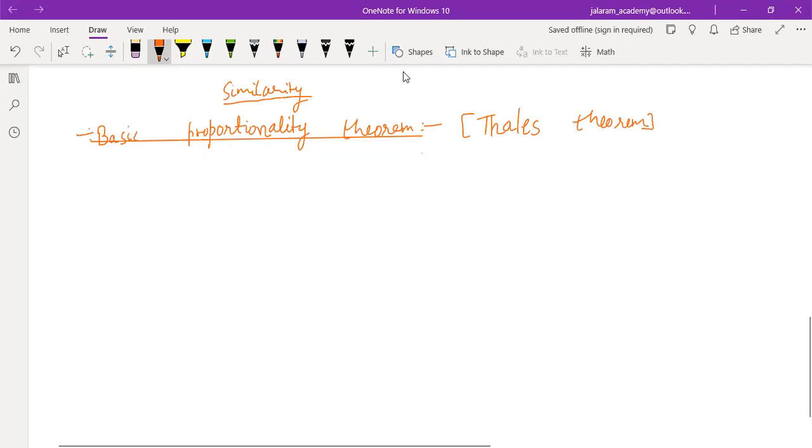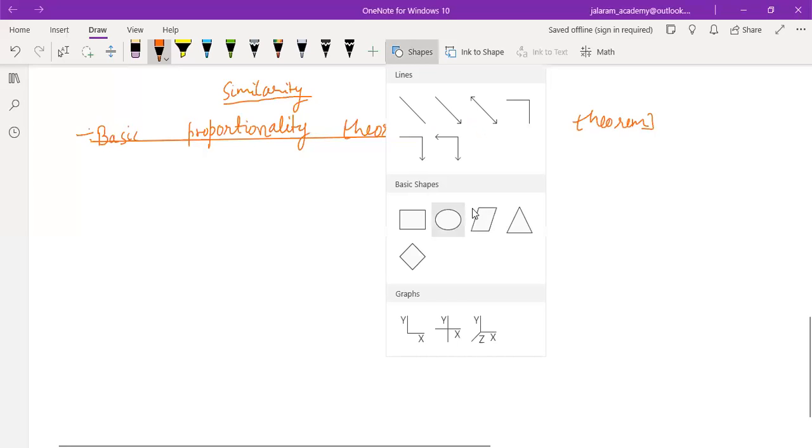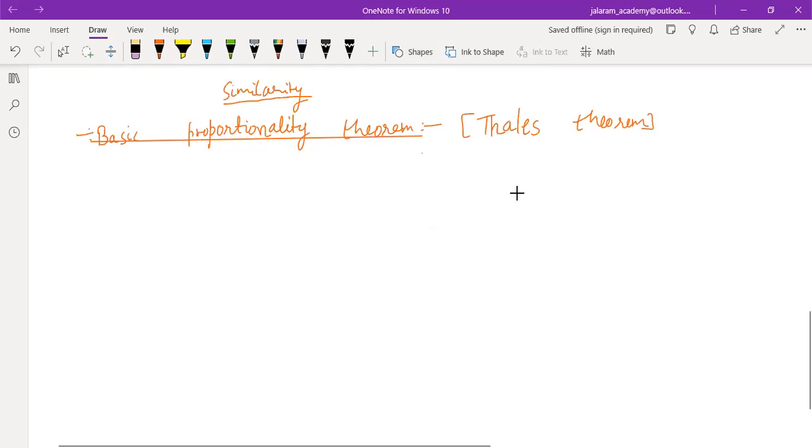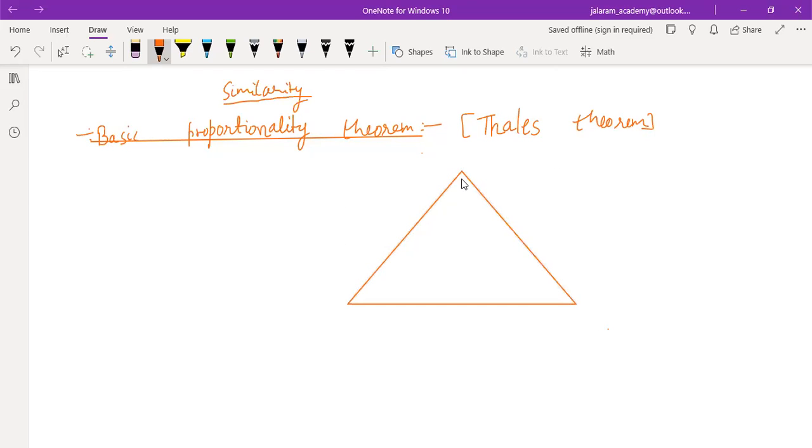Very useful theorem it is. So basic proportionality theorem or the Thales theorem is related to similarity.